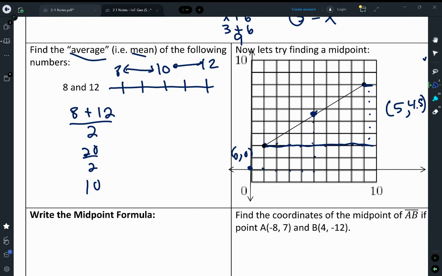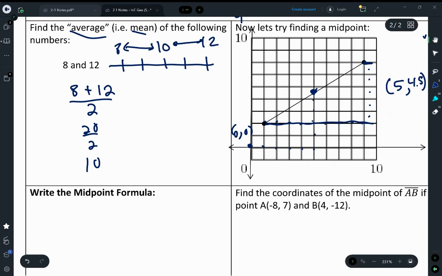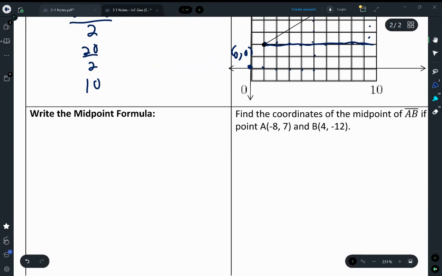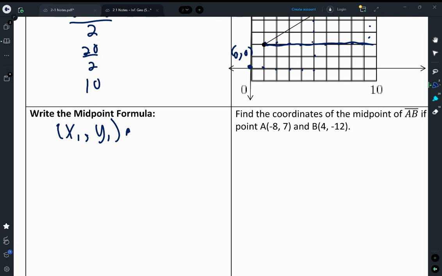All right. So next I'm going to come up with my midpoint formula. The midpoint formula is what we use when we have 2 ordered pairs. 2 ordered pairs I always write as x1, y1 and x2, y2. And I'm trying to find the middle or the average of the 2.